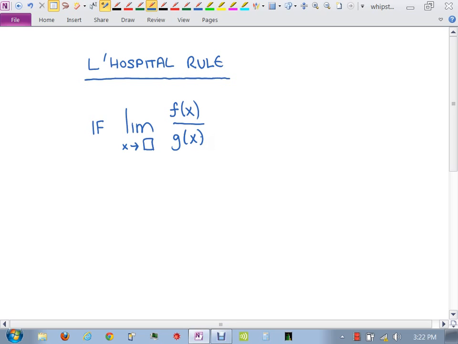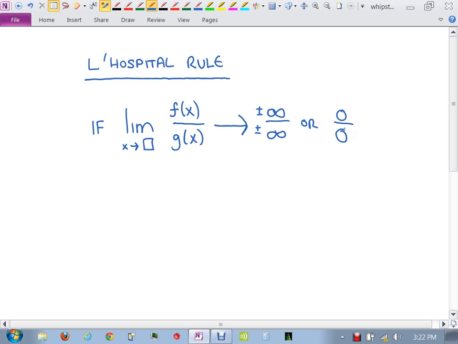Maybe the top is x squared minus 2 and the bottom is something else. But you've got a fraction, right? If that limit goes to infinity over infinity, positive or negative, doesn't matter, or 0 over 0, which were the first two that we really ever ran into, right?